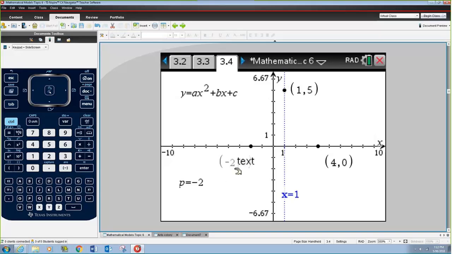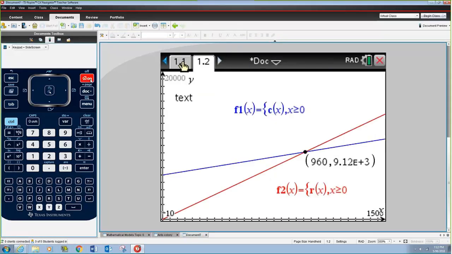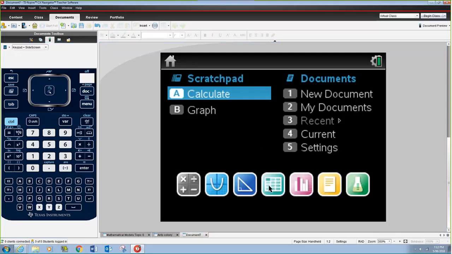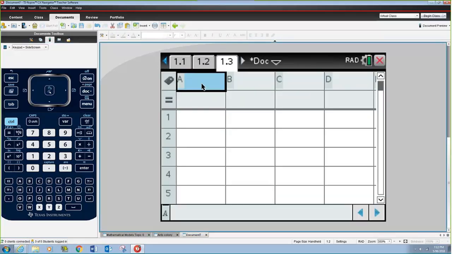Now, we still need to find the coefficients, but given 3 points, of course, what we can do, we can get the spreadsheet, and if we call this x and we call this y, we enter our points.